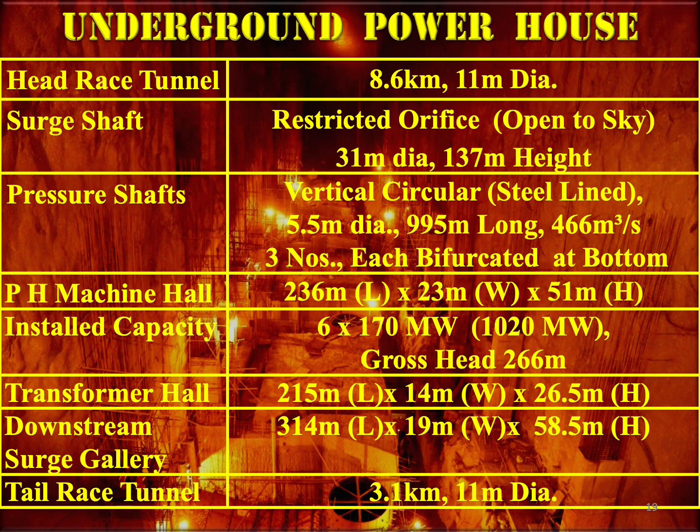Because the powerhouse has been shifted underground, the Downstream Surge Gallery becomes necessary as the tail race tunnel of 3.1 kilometer gets involved. So now there are three adjacent caverns: powerhouse machine hall 51 meter height, transformer hall 26.5 meter height and downstream surge gallery of 58.5 meter height.